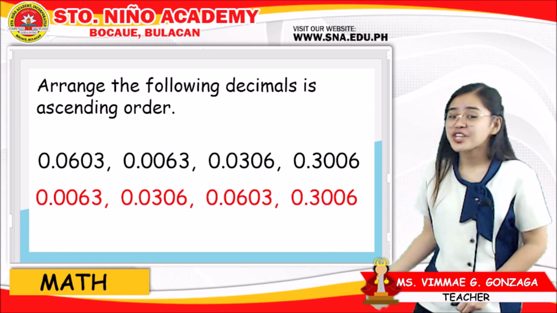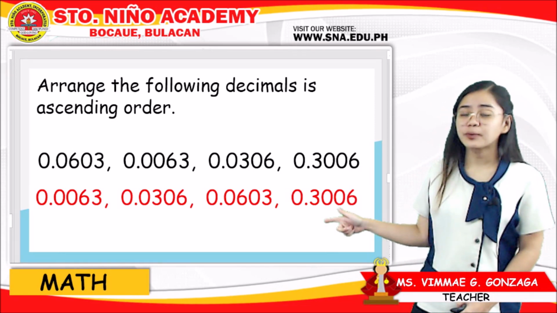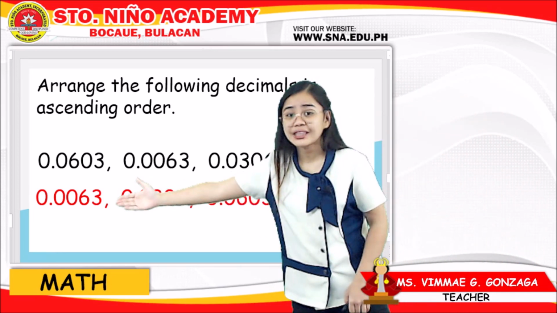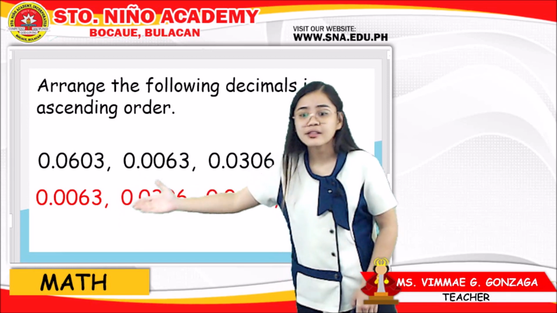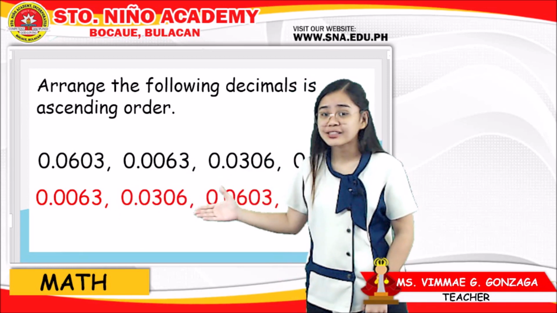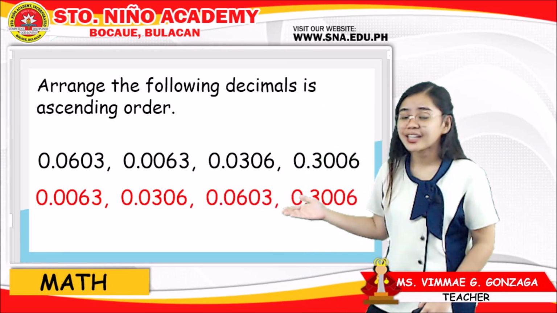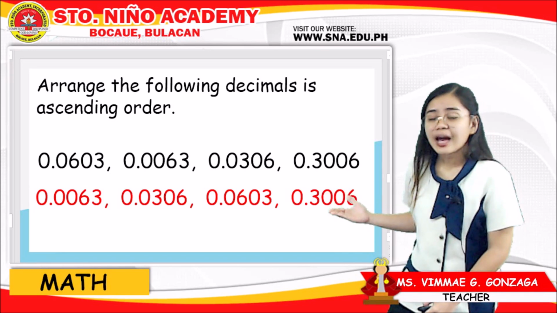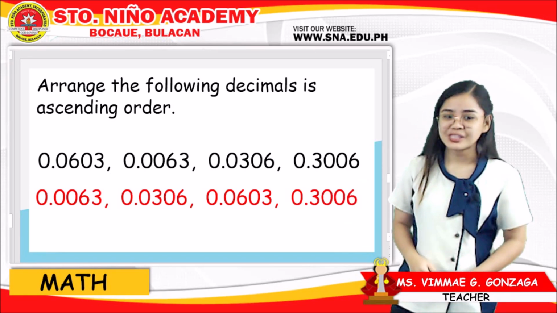So if your answer looks like this, that is correct. Ang mauuna po natin, ang may pinakamababa po ay si 63 ten thousands. Next, 306 ten thousands. 603 ten thousands. And then 3,006 ten thousands. Do you understand?